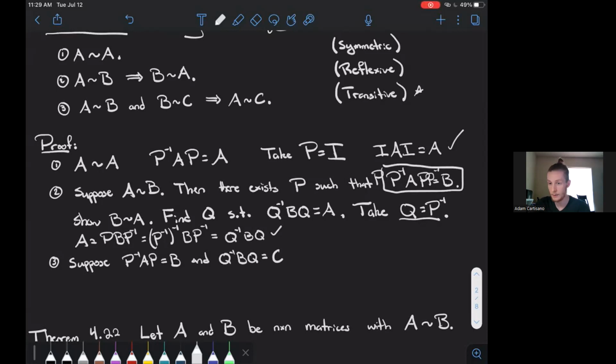So we have two things that we're using in our assumption. We're assuming that A is similar to B and that B is similar to C. And now we need to show that there's some matrix R whose inverse times A times R is equal to C.